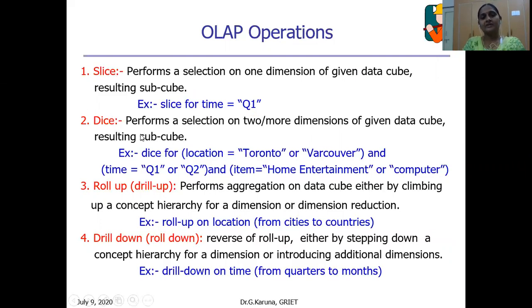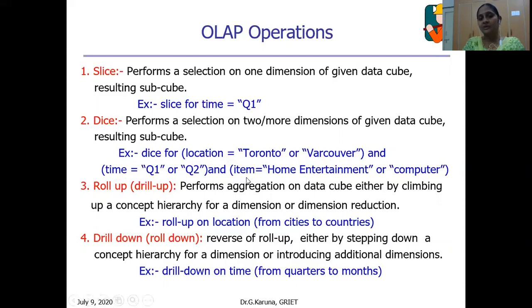Now coming to the dice. Dice performs a selection on 2 or more dimensions of the given data cube. Similarly, instead of 1, here we go for 2 or more dimensions. The selection is done on 2 or more dimensions in the case of the dice. The result is again a subcube. In the given example, dice for location is one of the dimensions, which comprises the cities, and time is another dimension.